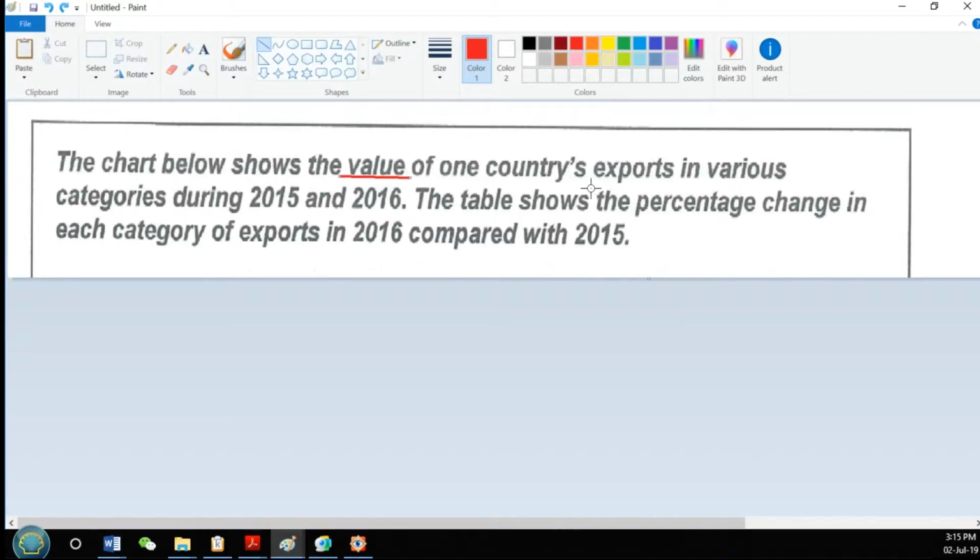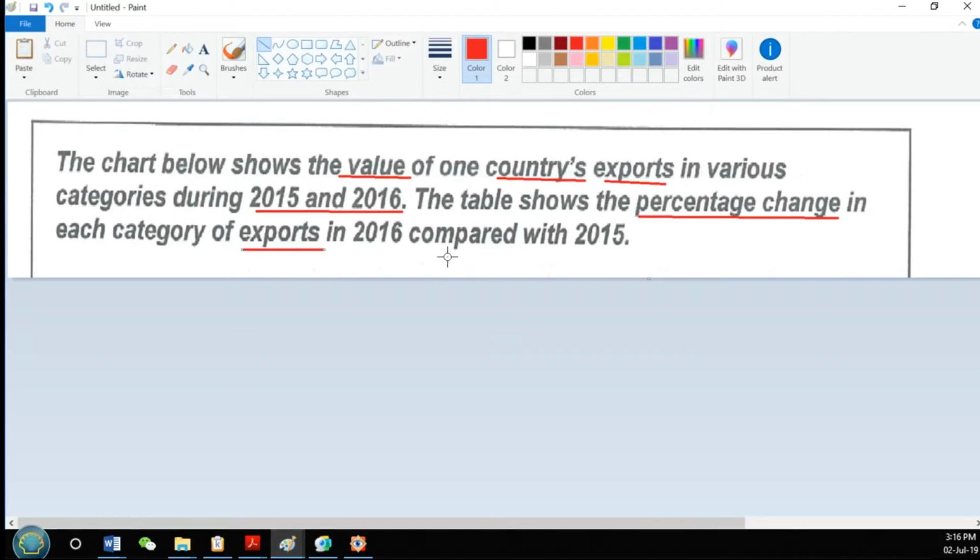Of one country's exports in various categories during 2015 and 2016. The table shows the percentage change in each category of exports in 2016 compared with 2015.